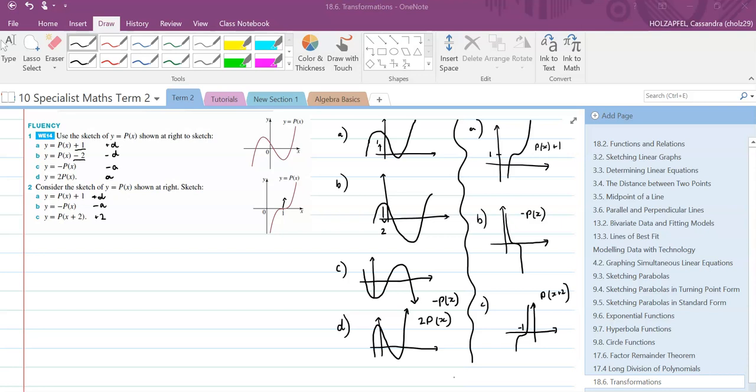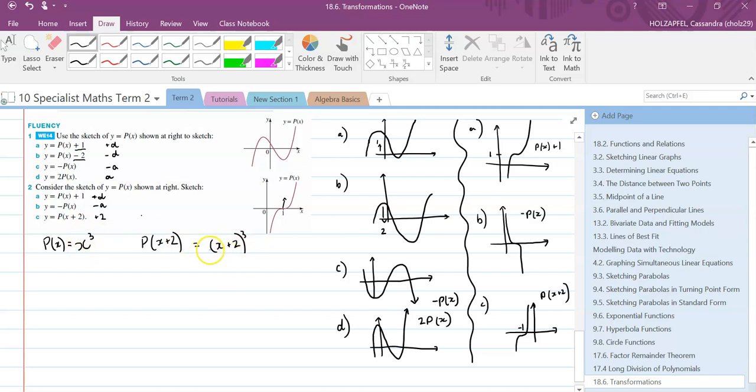Lastly, we've got p of x plus 2. Let's say that this was a function, if I had x cubed as my particular function, so p of x is equal to x cubed, then if I had p of x plus 2, everywhere I see an x, I'm going to replace that with x plus 2, and I've still got to cube this function.